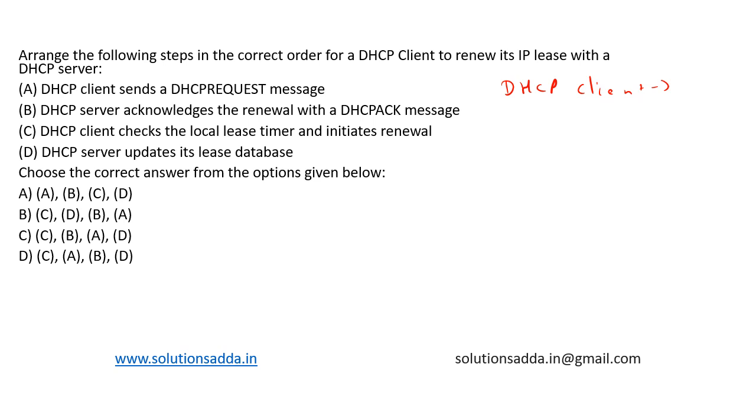Then there is a DHCP relay agent. It is used to relay or forward the DHCP messages between client and server when they are not on the same physical subnet.